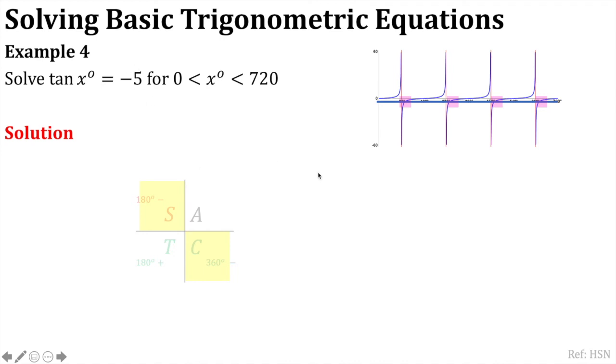It's equal to a negative number. So the inverse tan of positive 5 is 78.69 degrees. For our answer for the second quadrant, that's 180 minus 78.69, and for the fourth quadrant, 360 minus 78.69.